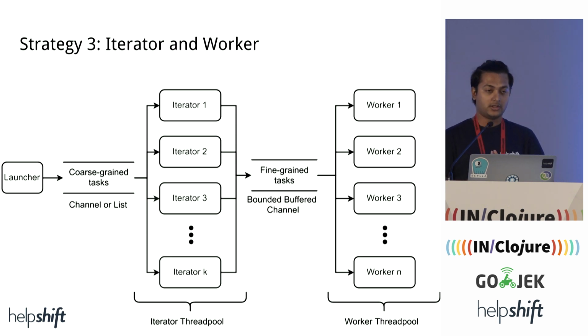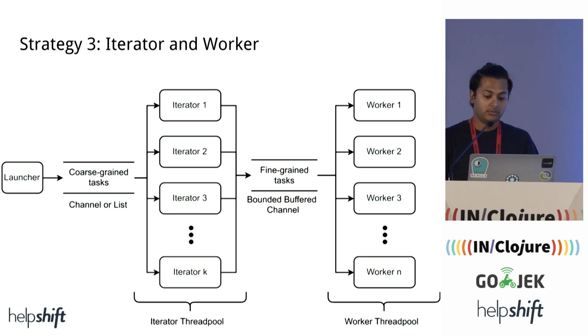So that brings us to our final solution that does exactly this. Here we are splitting our data collection from our workers into two parts, which are called the iterators and the workers. Just like before, they're also executing on thread pools, and these are parallel processes communicating through a channel in between. So what does an iterator do?